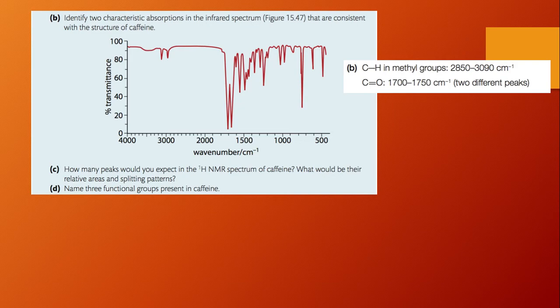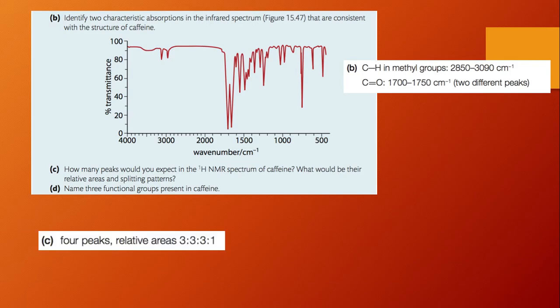Letter C talks about how many peaks you would expect in the proton NMR spectrum of caffeine. What would be their relative areas and splitting patterns? Well, if you go back to the structure of caffeine, you should try and figure out how many protons are possible.